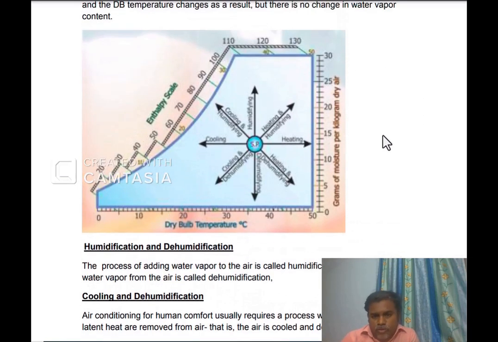See, suppose you want to work in a textile industry. What is the process? There are a lot of dust particles which fly around the space. Those flying particles we need to restrict by adding some humidity to the existing space so that they don't fly.